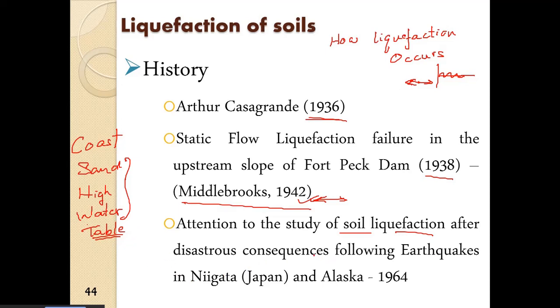There was an earthquake in Niigata in 1964, and significant soil liquefaction was observed in Niigata, Japan, as well as in Alaska. We have already seen some of the pictures and videos in the previous class, and I will share the video as well. So this is a brief history of liquefaction as a research topic, soil liquefaction.